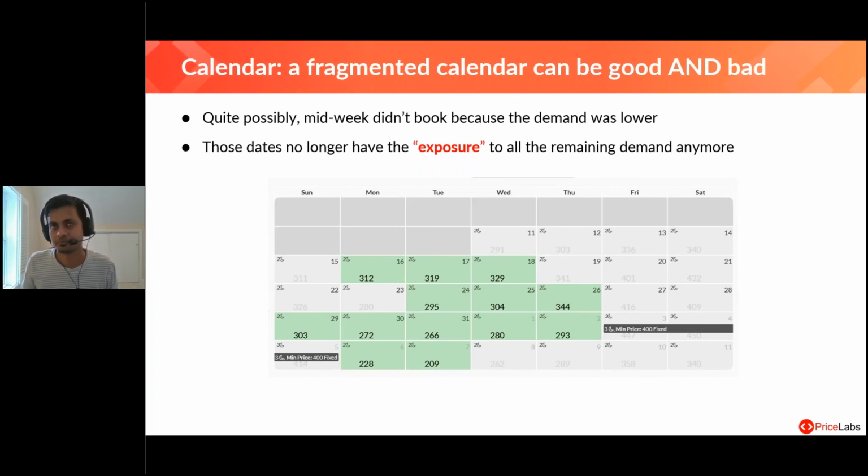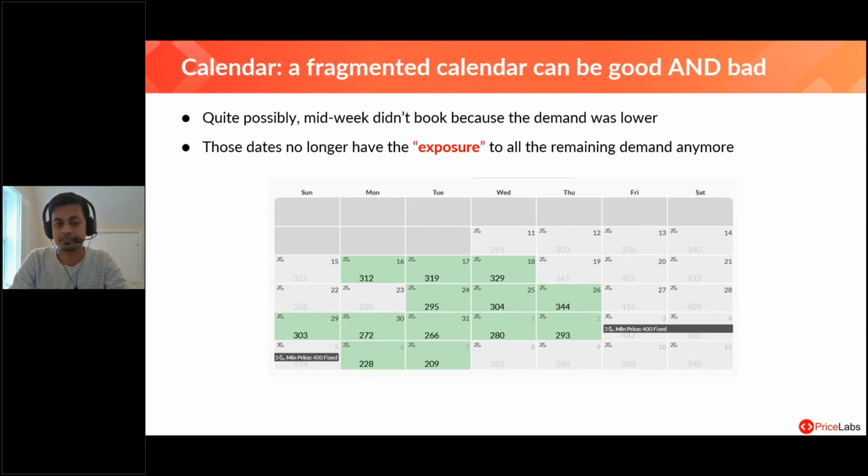As an example, if your minimum stay has always been 4 nights, you won't know by looking at your own data how much more demand there existed for shorter, like 2 or 3 night stays.